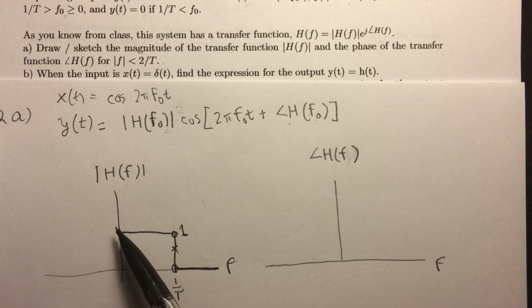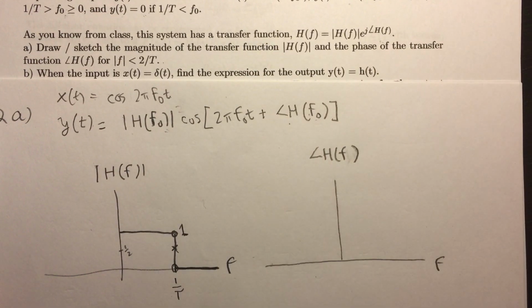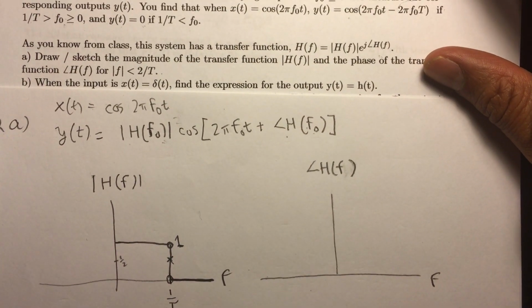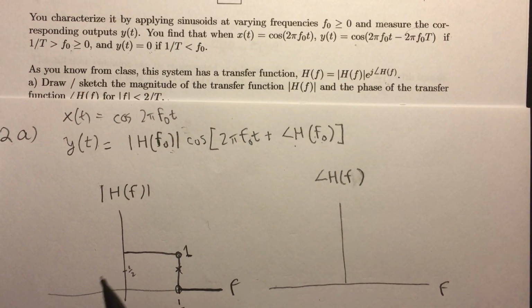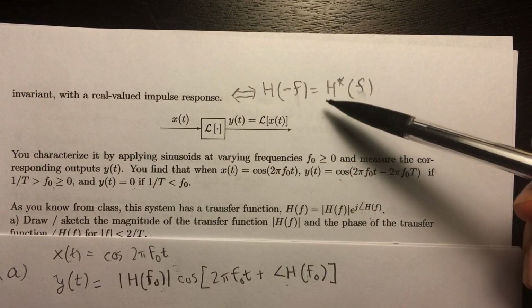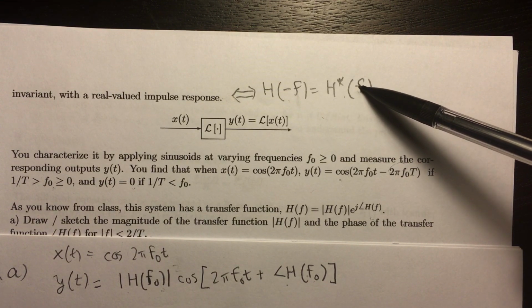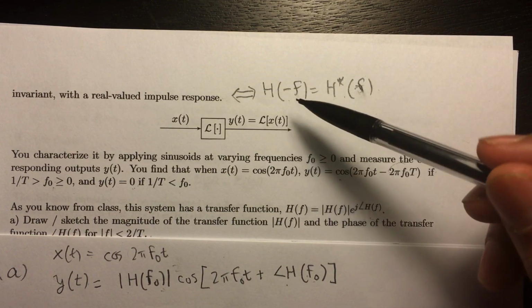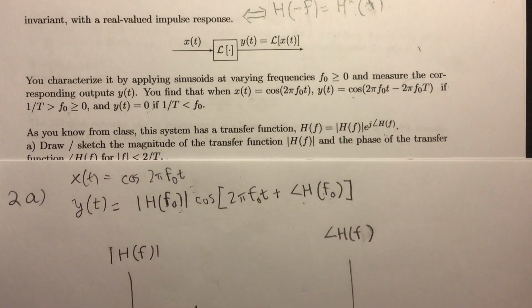Now, this is for positive frequencies. Because we know the function is real, we can actually say what's going to happen for negative frequencies. We know that h of minus f is the conjugate of h of f, so in particular the magnitude at minus f is equal to the magnitude at a positive frequency.